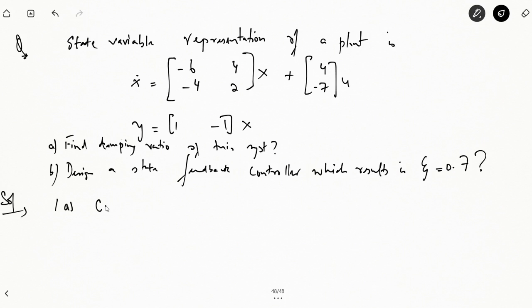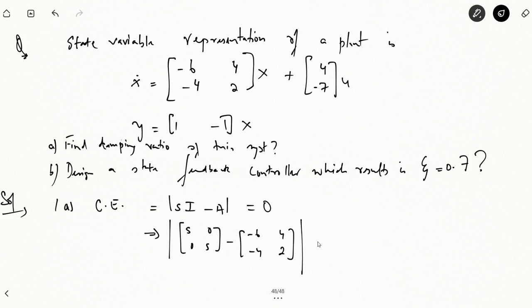Fine. So the characteristic equation of the system is given by determinant of sI minus A equal to 0, which implies determinant of [s 0; 0 s] minus [-6 -4; 4 2] equal to 0, which implies determinant of [s+6 4; -4 s-2] equal to 0, which gives us (s+6)(s-2) + 16 equal to 0, which implies s square plus 4s minus 12 plus 16, that is plus 4, equal to 0.